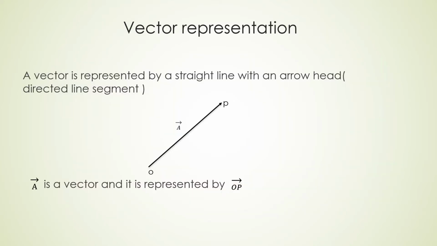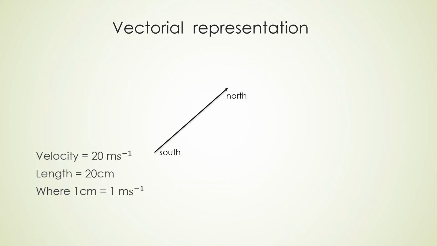Let's study the vector representation. The vector is represented by a straight line with an arrow mark. The arrow mark indicates the direction of the vector, and the length OP represents the magnitude of the vector. We can represent this vector with A. For better understanding, consider an object moving from south to north with a velocity of 20 meters per second.